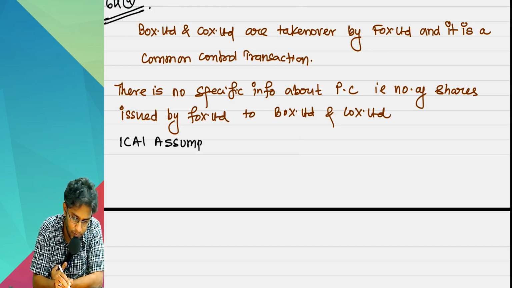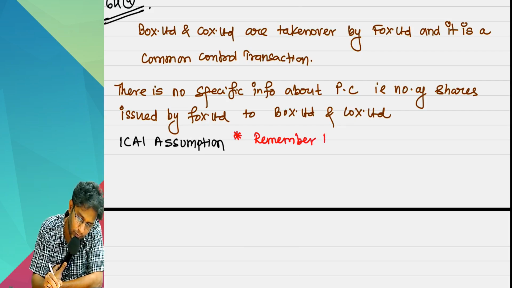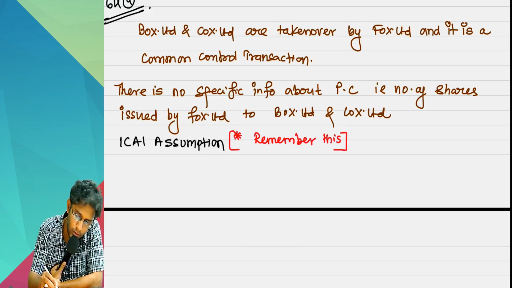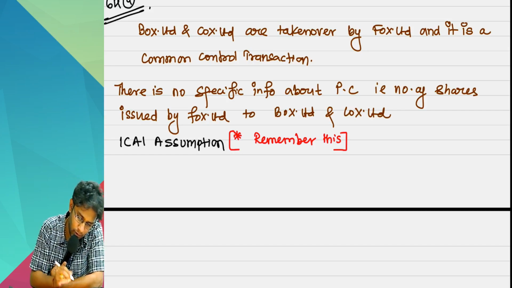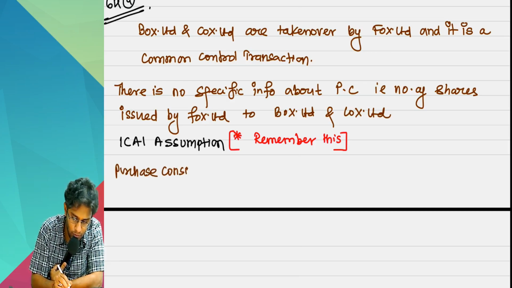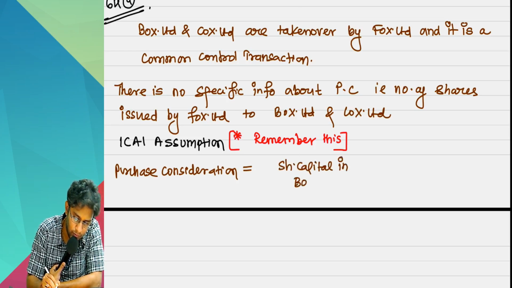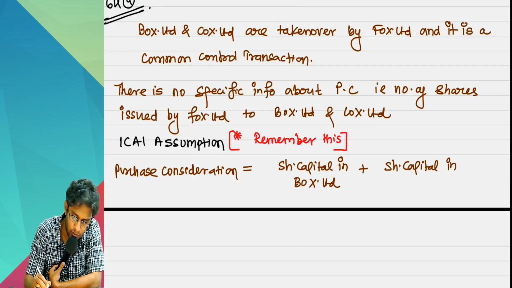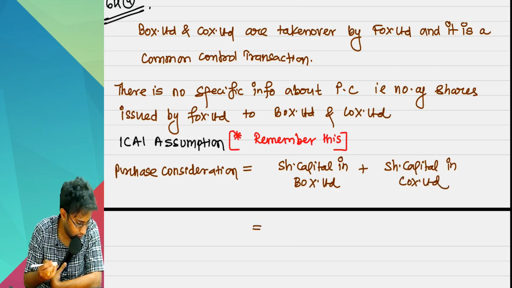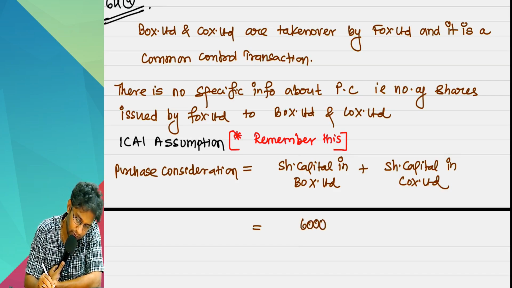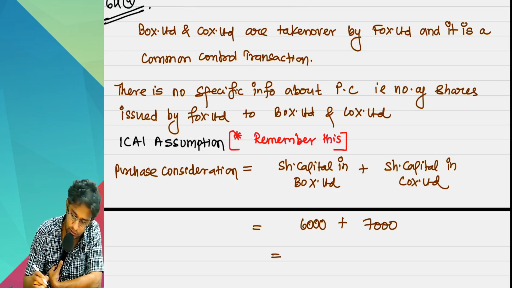So the assumption, you have to remember this, sir: purchase consideration is equal to share capital in Box Limited plus paid up share capital in Cox Limited. So that should be 6 and 7, 13,000.